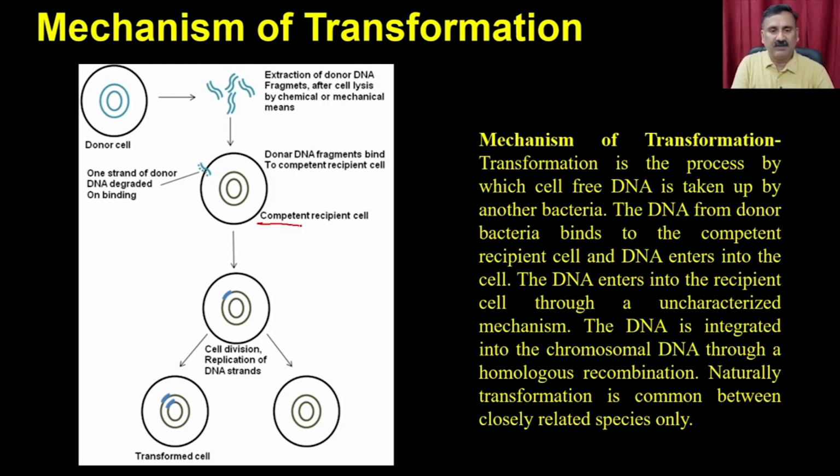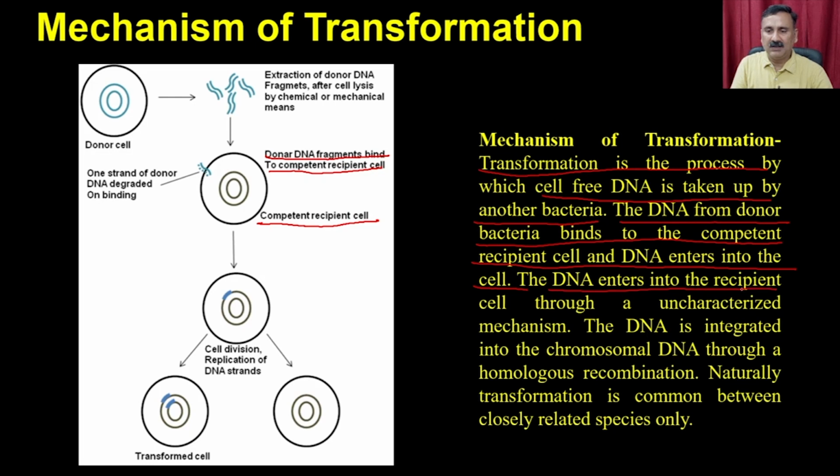So you have the competent recipient cells. That donor DNA fragment binds to the competent recipient cells, and that's how it is taken up. So the mechanism of transformation is the process by which cell-free DNA is taken up by another bacterium. The DNA from the donor bacteria binds to the competent recipient cells, and DNA enters into the cell.